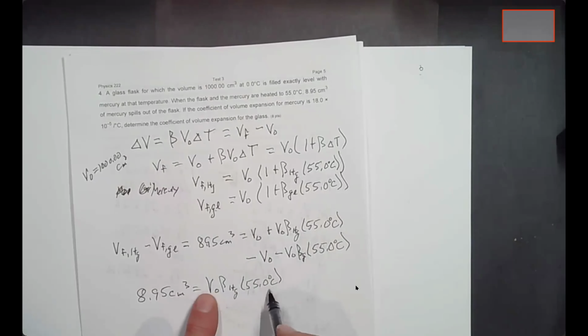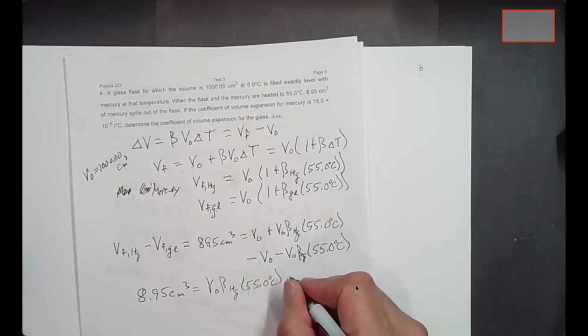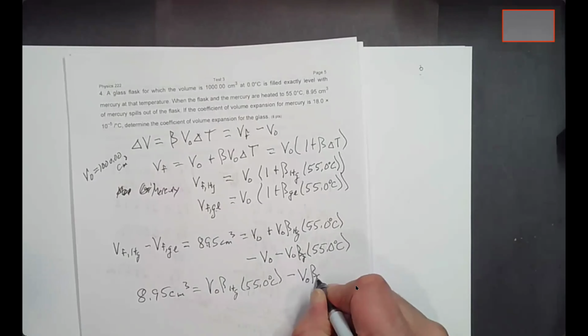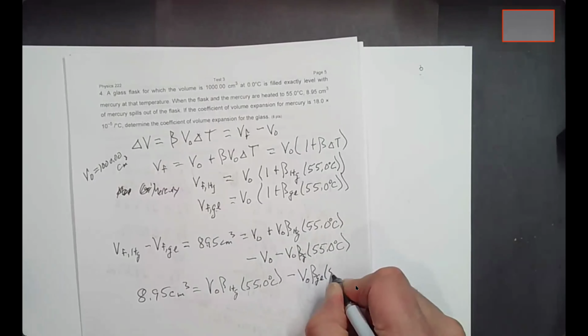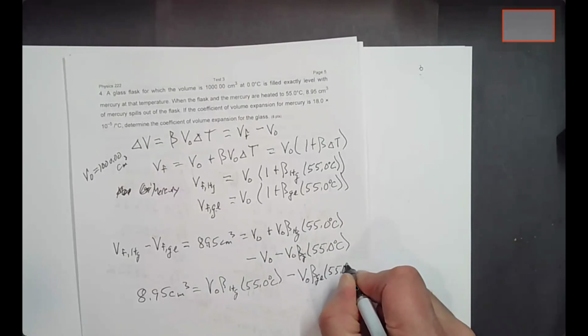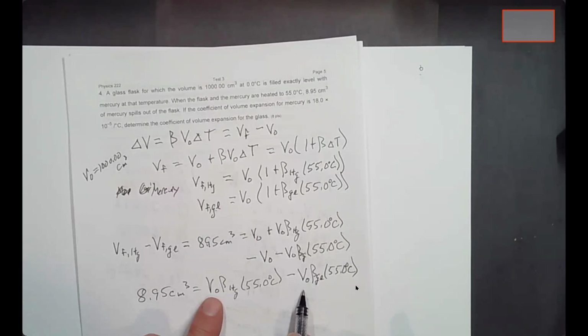This is all numbers that I know actually, minus V naught beta for the glass times 55.0 degrees Celsius. And let's see, I could factor out the V naught or divide out the V naught.